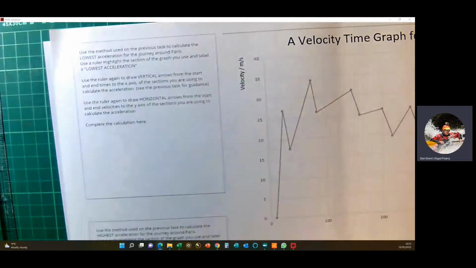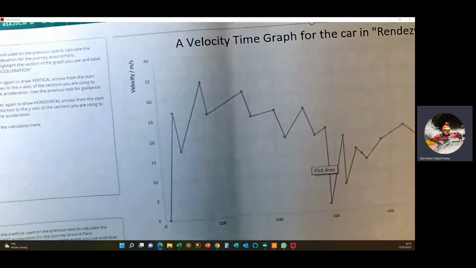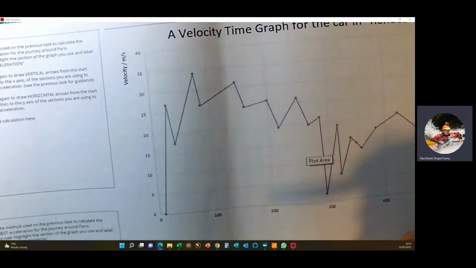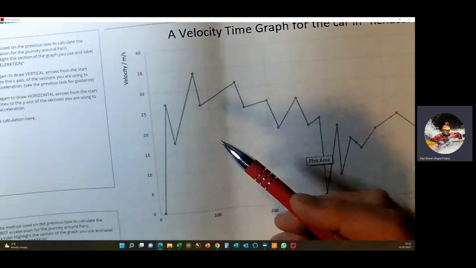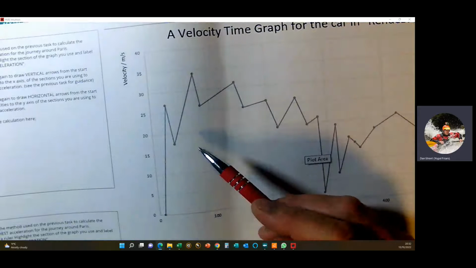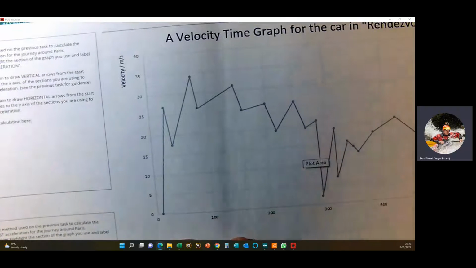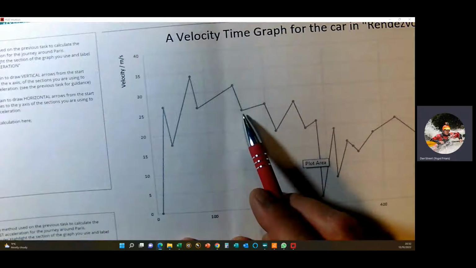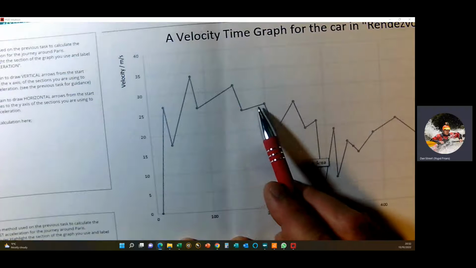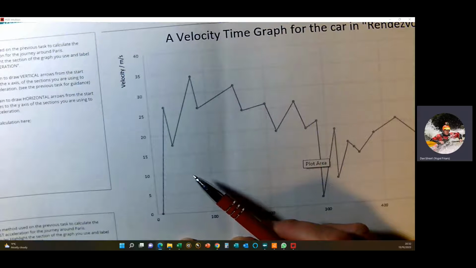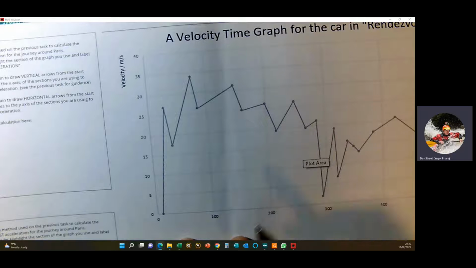Okay, so the lowest acceleration would be a portion of the graph that has got a positive gradient going up, but it's the lowest or smallest rise in gradient. So looking here, we've got a couple of sections which are positive, but have got quite a low rise, and I think that those are probably the lowest two.